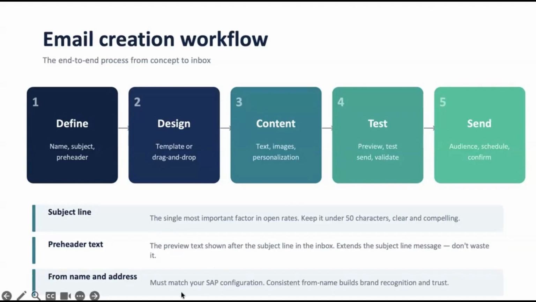From name: here I have written that you should match your SAP configuration. A consistent from name builds brand recognition and trust. Are you aware what SAP is? Sender Authentication Package. Exactly. This is what I explained yesterday. This is a domain where the DNS settings match Marketing Cloud.